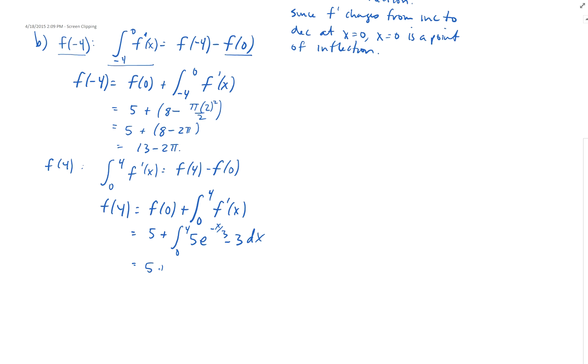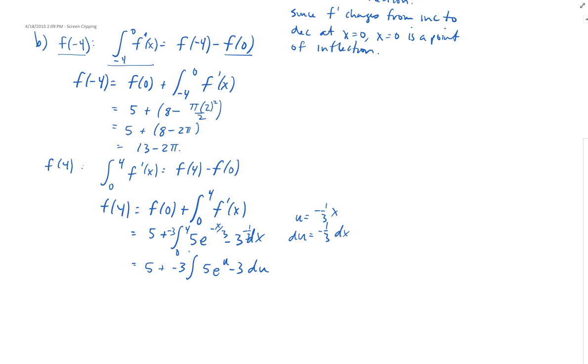So it's 5 plus, I'm going to let u equal negative 1/3 x. So du is negative 1/3 dx. Put in a negative 1/3, take out a negative 3. So it's negative 3 times the integral of 5 e to the u minus 3 du.